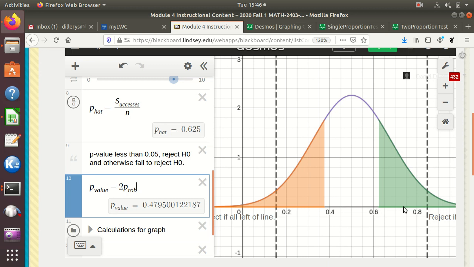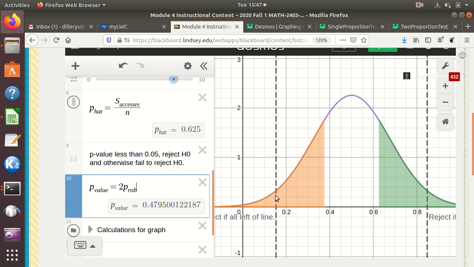We can see it graphically. Now, it's a two-sided test, so we had to add in the area on the other side as well, because we could have been either above or below. And so the orange is doubling the area. That's the total area, and that comes out to nearly 0.5.